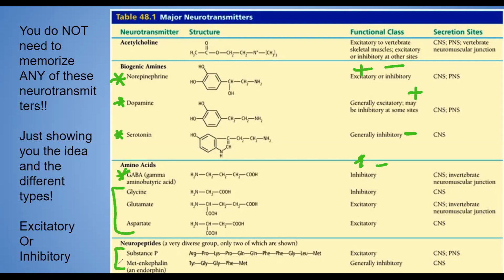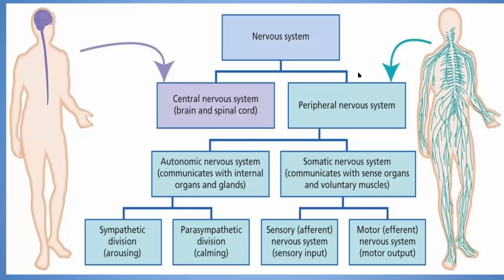Those are more protein based. These were amino acids. These are biogenic amines, and acetylcholine is kind of off by itself. So again, you don't have to have those memorized, but it's a good idea to have some hip pocket examples of neurotransmitters. So we've talked about the cell level of how our nervous system works.